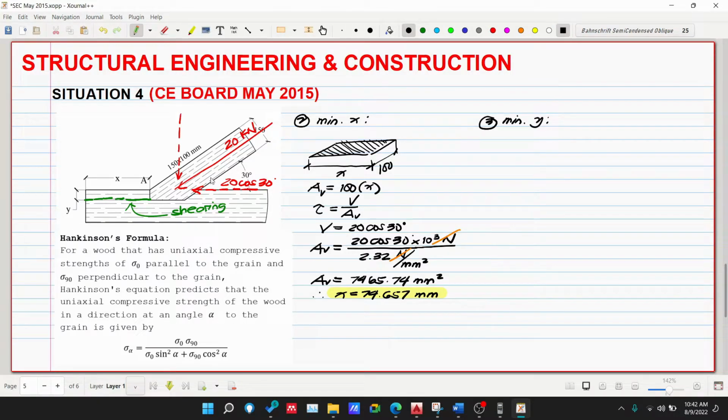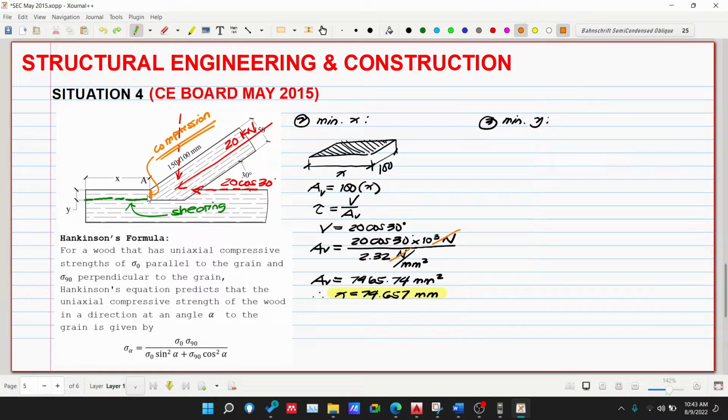So, check natin dito sa figure na to kung anong area yung involve ang Y. Okay, so mula rito, andito yung area kung saan involve yung Y. So, syempre, compression yung i-carry nitong area na to.